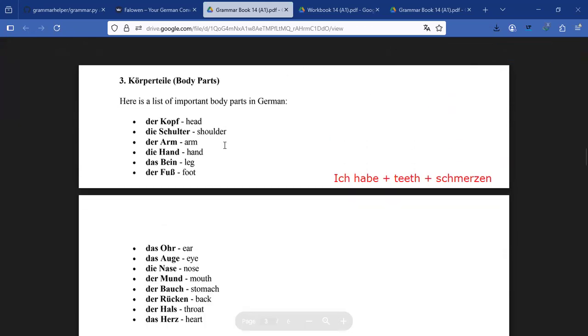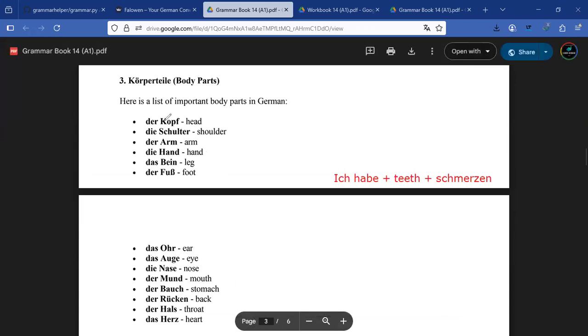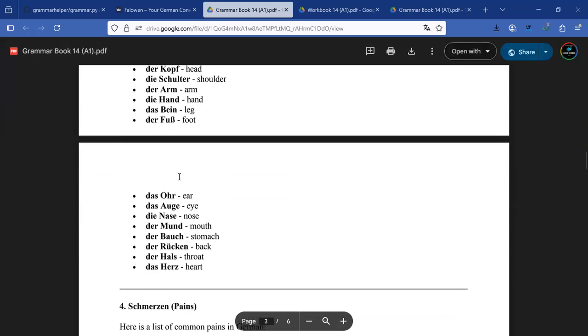So let's first check the body parts, right? We have the Kopf as head, the Schulter as shoulder, the Arm as arm, the Hand as hand, das Bein as leg, der Fuß as foot, das Ohr as ear, das Auge as eye, die Nase as nose, der Mund as mouth, der Bauch as stomach, der Rücken as back, der Hals as throat, and das Herz as heart.